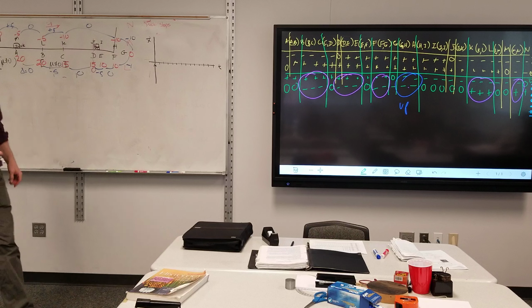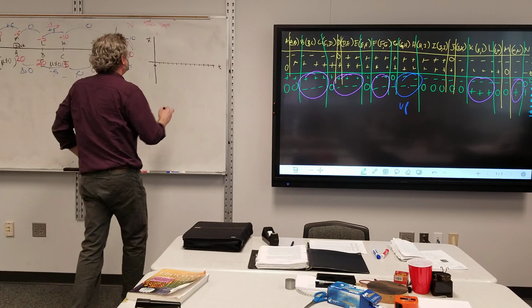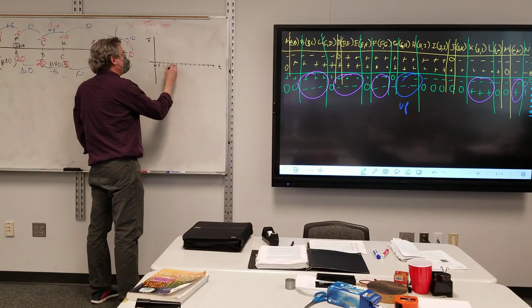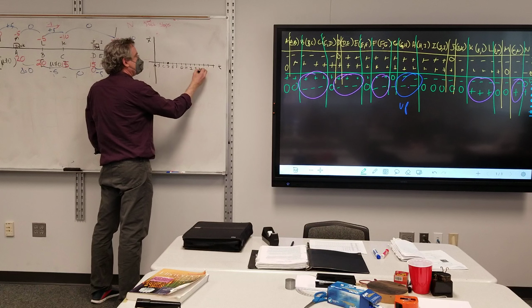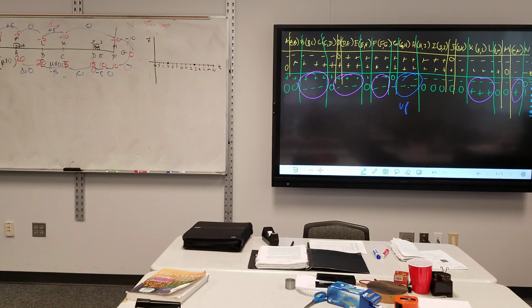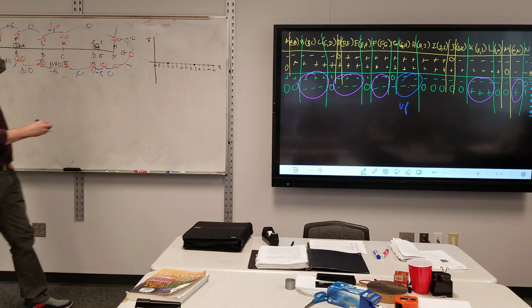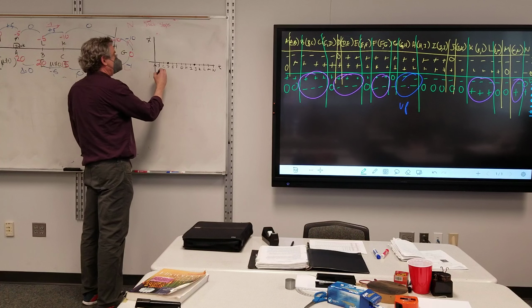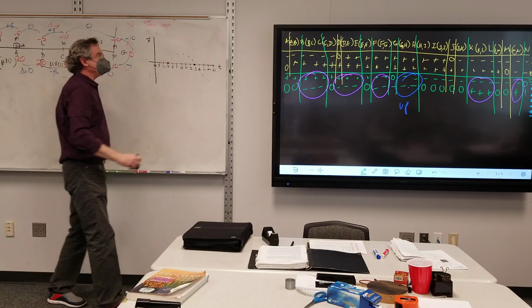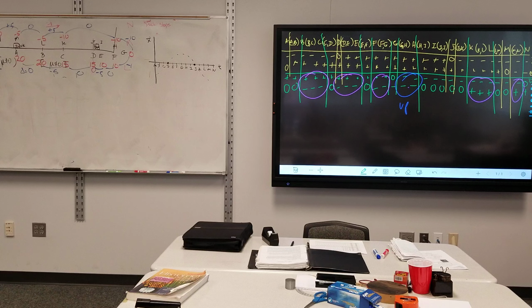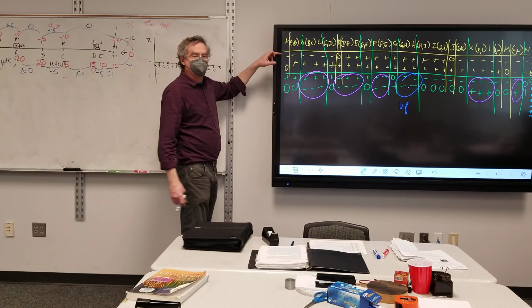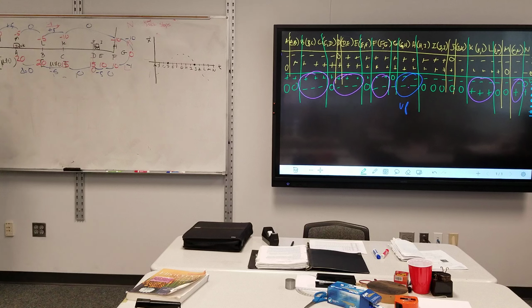I know my position is 0 at D and J. So I know my position is 0 there and there. I know it's negative beforehand, positive in between. And I'm doing a dotted line here because it's going to change as we go. But at least I have a really rough sketch here, and it matches what I have as an answer over here, where it's positive and where it's negative and where it's 0, which is one of the checks I do.